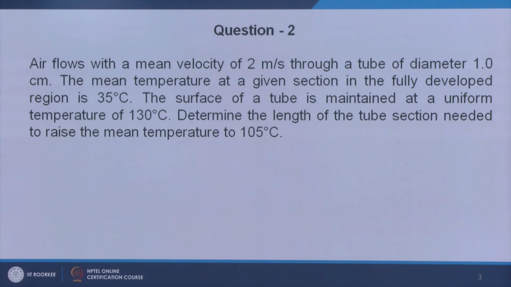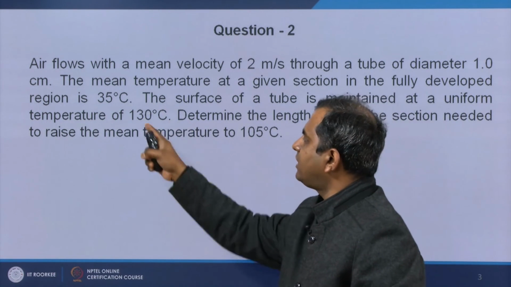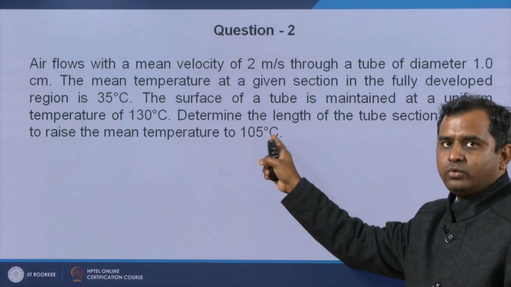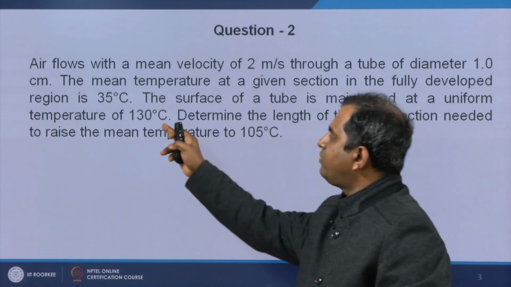The surface of the tube is maintained at a uniform temperature of 130 degree. You have to determine, once again just like the previous one, the length of the tube section needed to raise the temperature to 105 degree, so the outlet temperature is 105 degree. It is just similar to the previous one, only the difference is that we have uniform temperature.